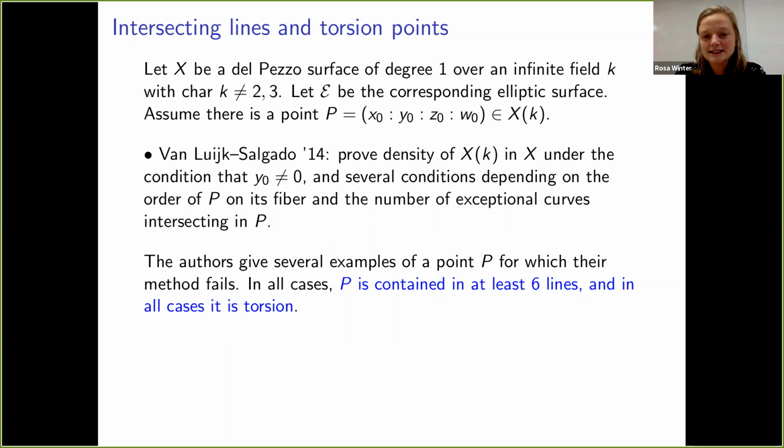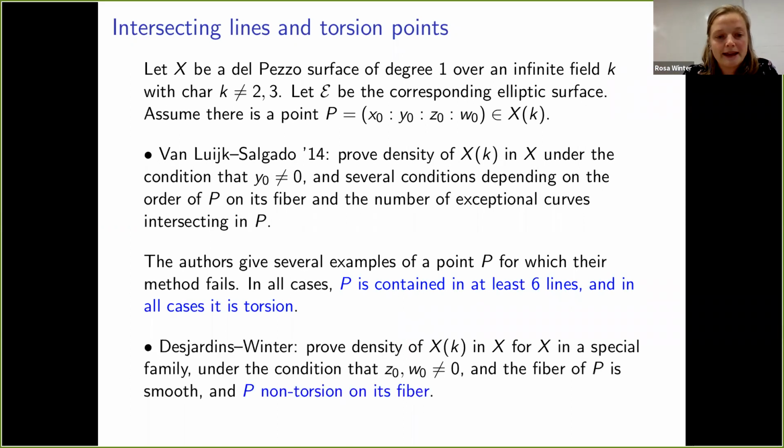And in all these cases, the points that fail are contained in at least 6 lines, exceptional curves, and also they're always torsion on their fiber. So downstairs they are contained in many lines, and upstairs they are torsion on the corresponding fiber. And in the result with Julie Desjardins, we proved the density under these conditions for a special family of Alpeza surfaces, where Z0 and W0 cannot be 0.